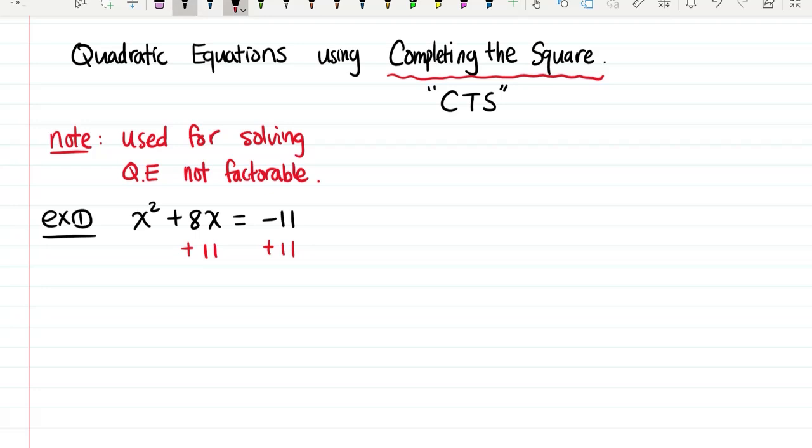We have x squared plus 8x plus 11 equals 0. That must be done before we start solving.